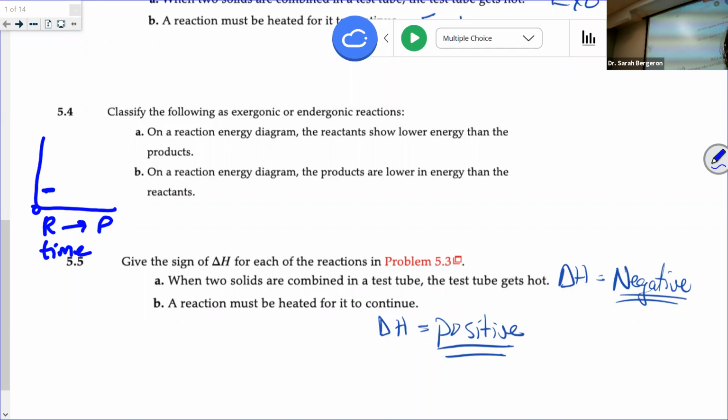So I'm going to pretend my reactants are here and my products are up here. So now I have to figure out, is my delta G positive or negative? And then I can tell if it's endergonic or exergonic.